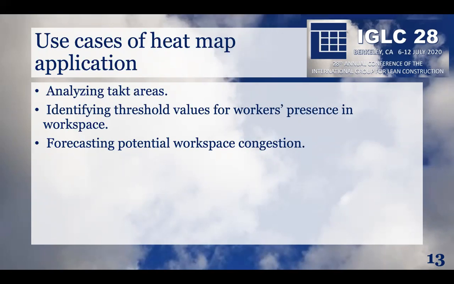For instance, if a certain area is detected with a very high density of presence at the same time from several other task crews, the heat maps could also raise alarms in advance for site managers to notice the potential work congestion in that area.